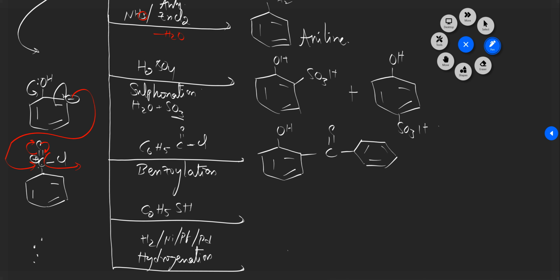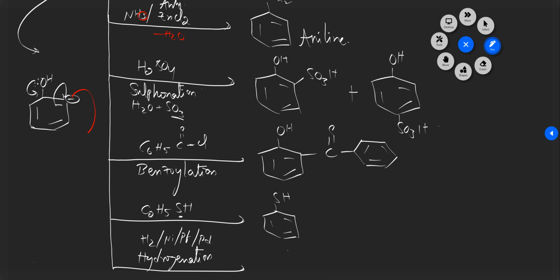Next, thiols. Thiols are nothing but phenol reacting with thiol. It is going to replace oxygen with sulfur, forming thiophenol.